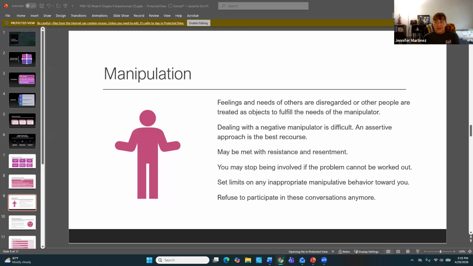They may require another provider to go in, another nurse to take care of that client. Hopefully, I mean, I've had some minor manipulators, nothing ever really expensive. But again, they can be very frustrating to work with. You're going to set your limits, you're going to be assertive with them. But if they continue their behavior and it's just not working, then you may have to leave the situation.